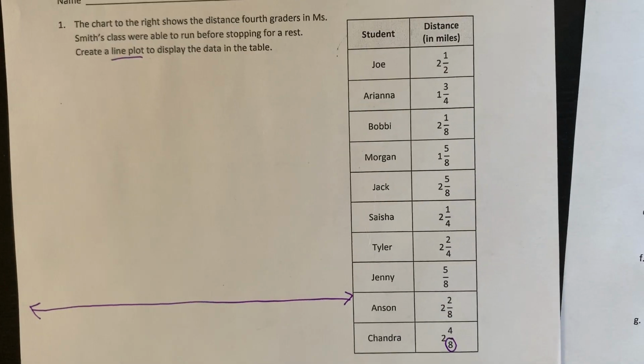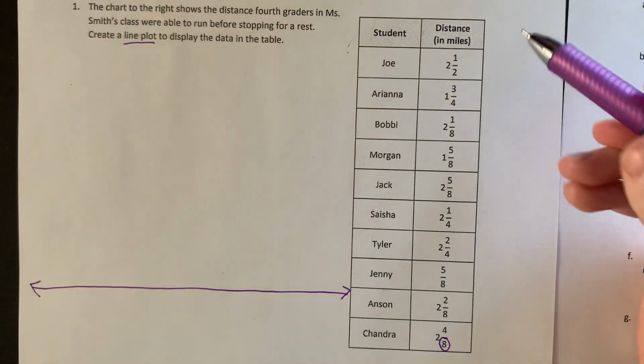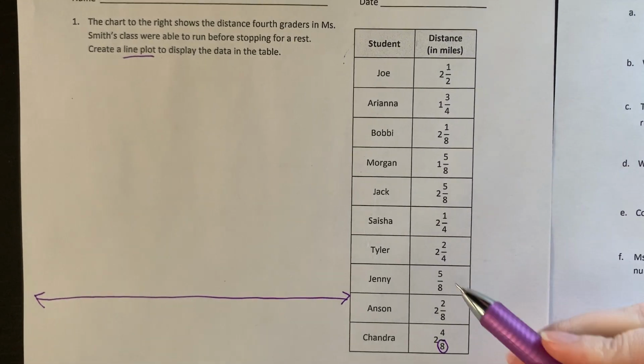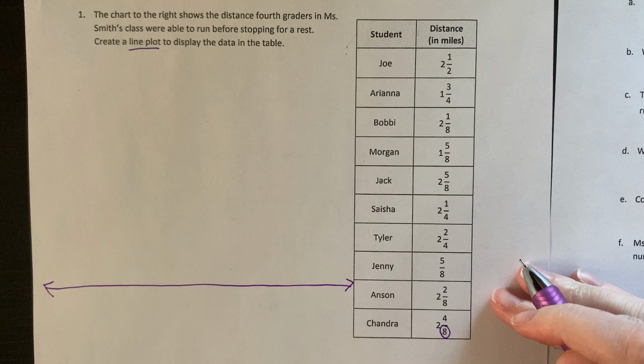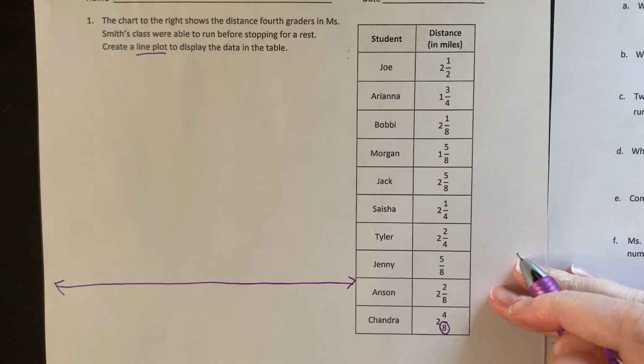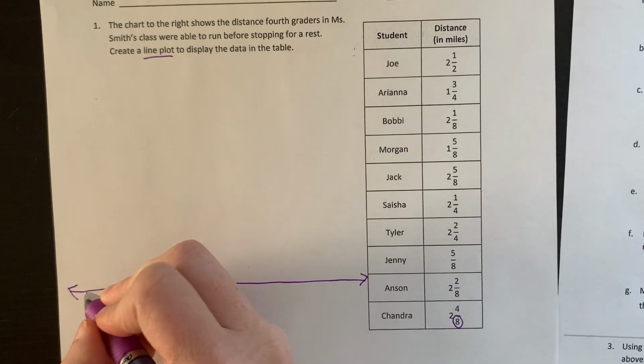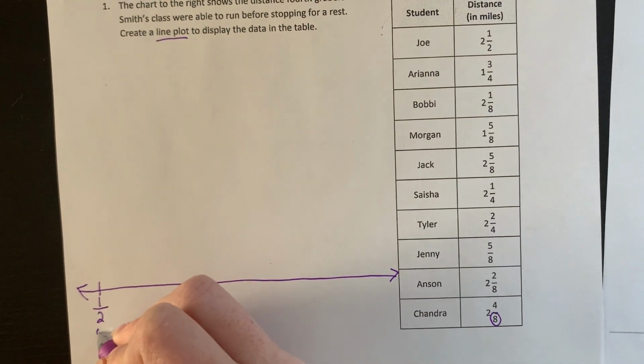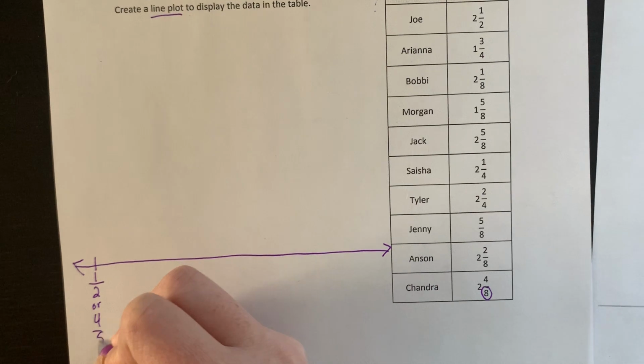So I'm going to put my number line into eighths. And I'm going to look for the smallest distance. And the smallest distance is 5/8. And we know 4/8 is 1/2. So I'm going to start with my first data point as 1/2, or that's 4/8.